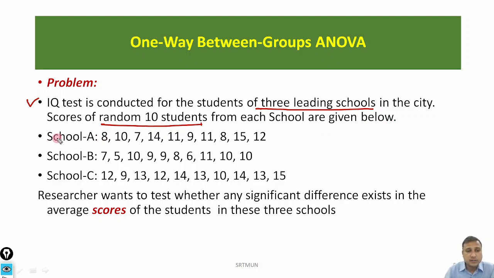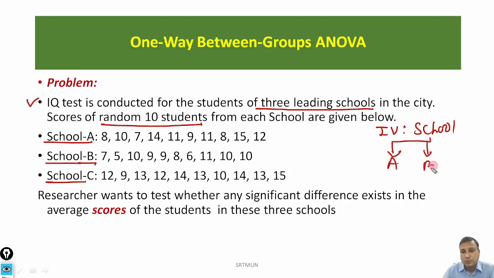So here are the scores of the 10 students from school A, here are the scores for the 10 students from school B, and here are the scores for the students from school C. It means we have one independent variable, that is school, and it has three groups, that is school A, school B and school C. And we have one dependent variable, that is marks, and from each school there are 10 students, and here are the scores.